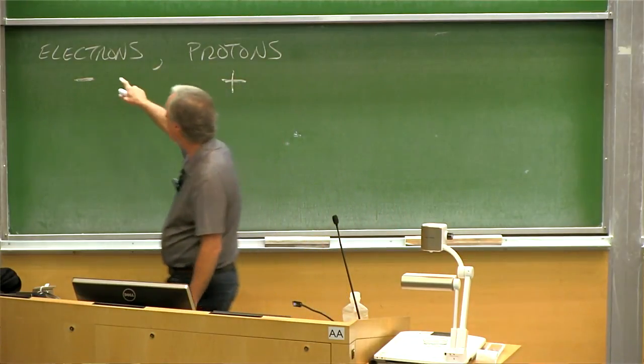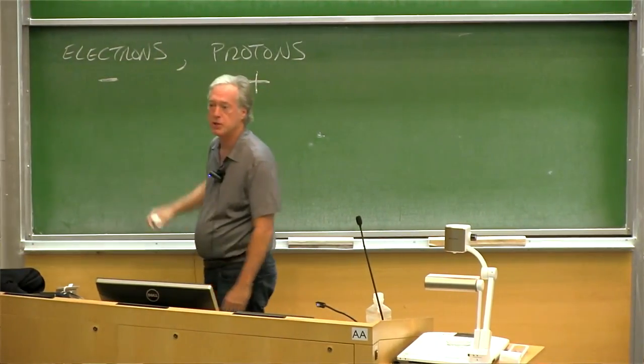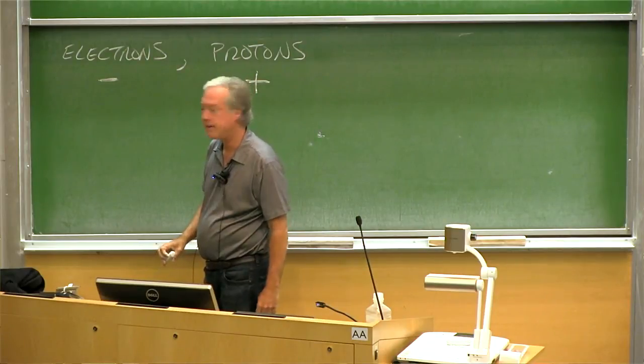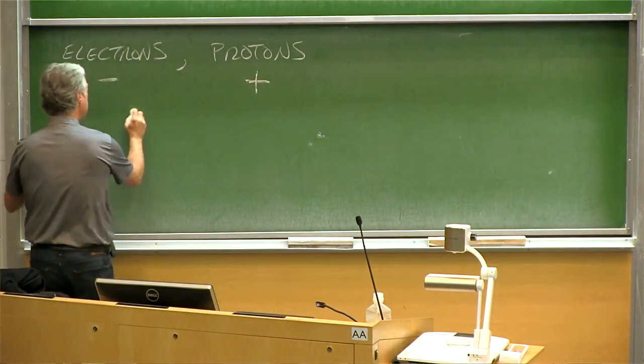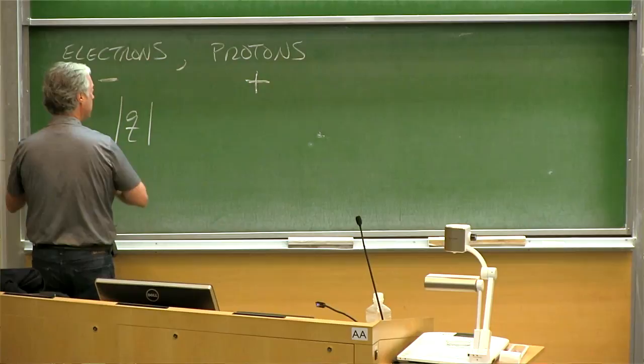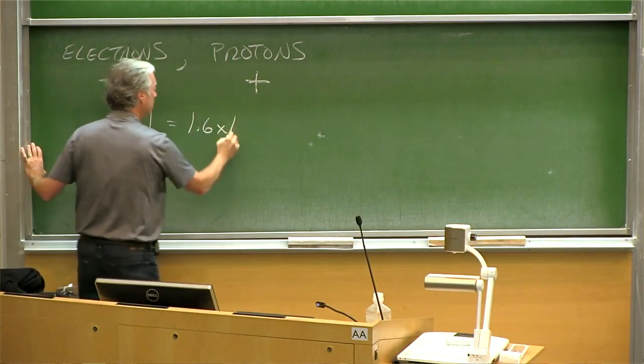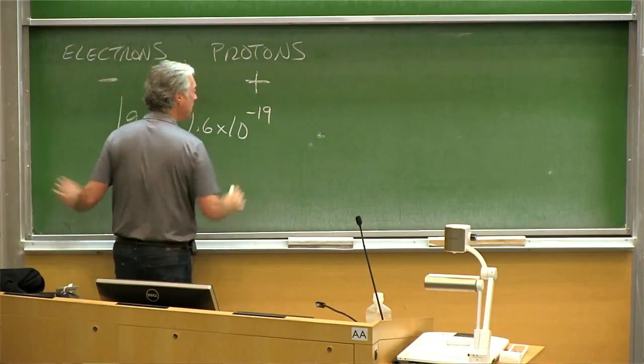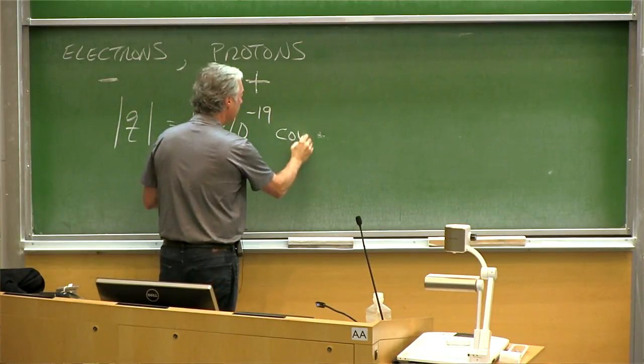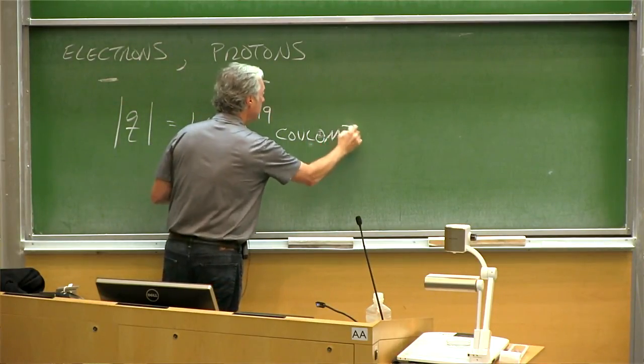And we are going to choose that electrons are negative and protons are positive. Okay? And then the magnitude of the charge Q on the electron or the proton is 1.6 times 10 to the minus 19. In the units of MKS, we're going to call this coulombs.